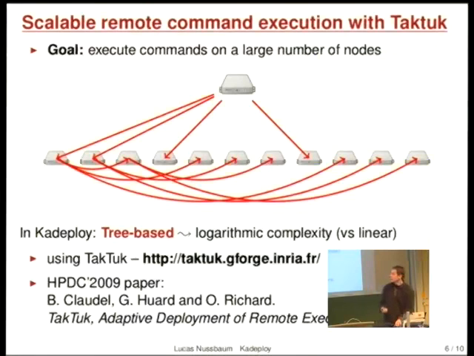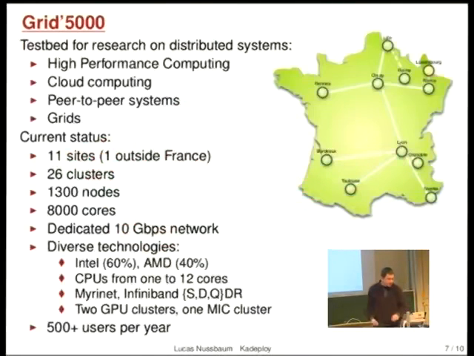I'm now going to talk a bit about how we use Kadeploy in the context of Grid'5000, which is a testbed for research on distributed systems, so stuff like HPC, cloud, peer-to-peer systems, and grids. This testbed is really for research on computer science.